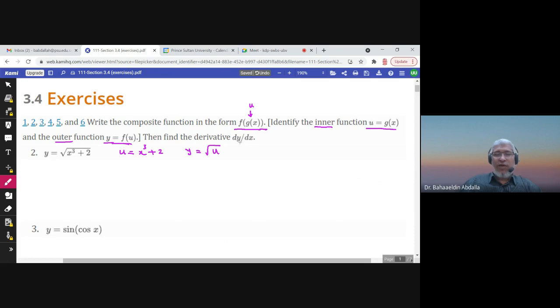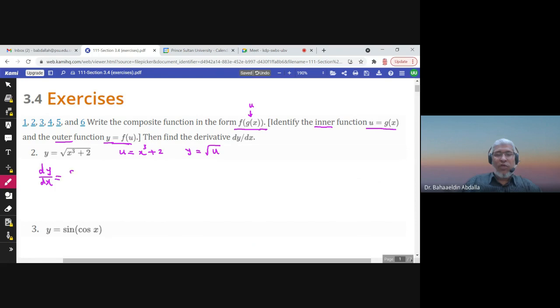And now we need to find dy by dx. According to chain rule, dy by dx means you find the derivative of y, this y now, with respect to x. But u is a function of x, okay? So how to find the derivative of y with respect to x?